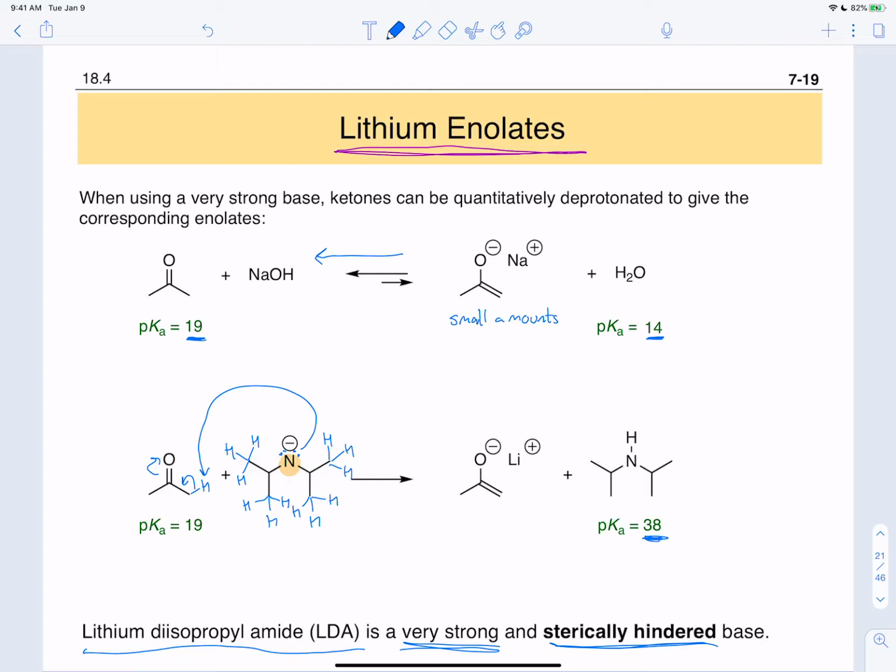So this reaction is effectively irreversible. This has a number of consequences that are quite important for doing reactions with LDA and making enolates in this fashion. We're able to fully form the enolate and then do many new things with it.